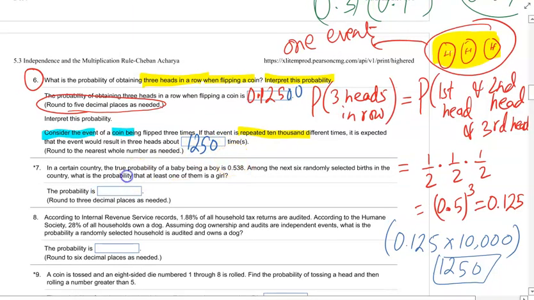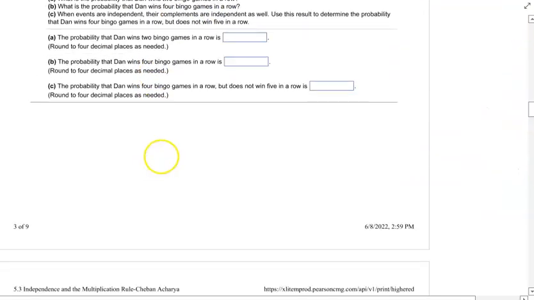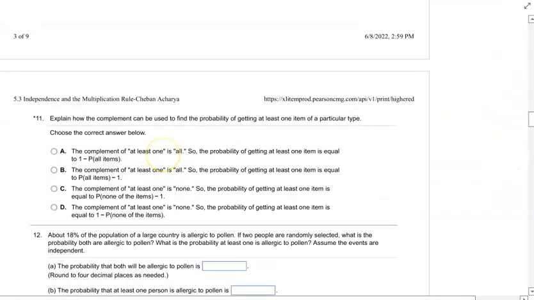Okay, before I do question number 7, I want to do question number 11, and come back to question number 7. Here is the question. Explain how the complement can be used to find the probability of getting at least one item of a particular group.